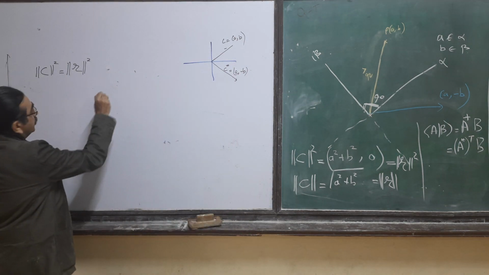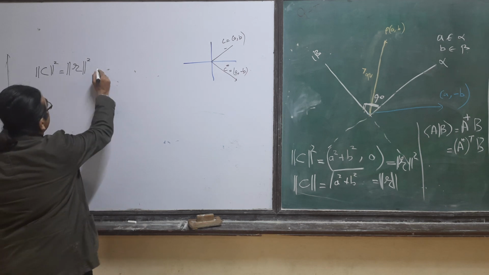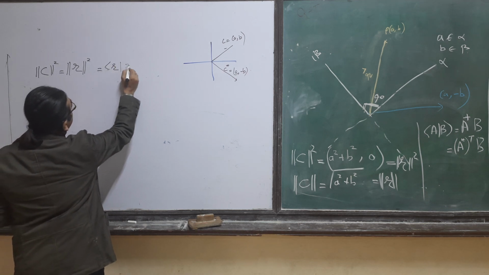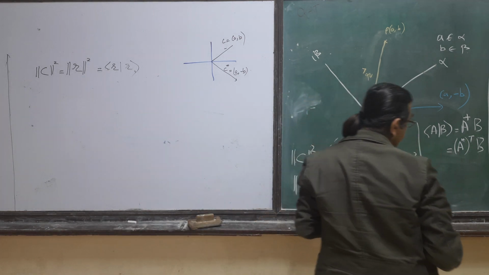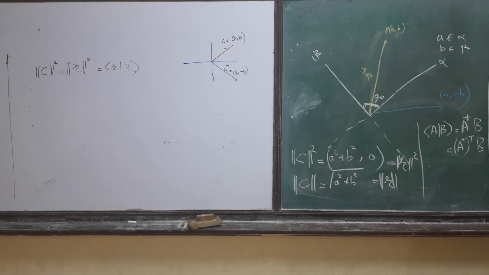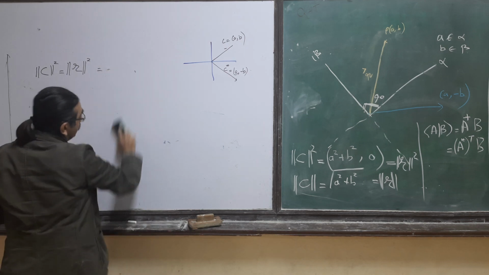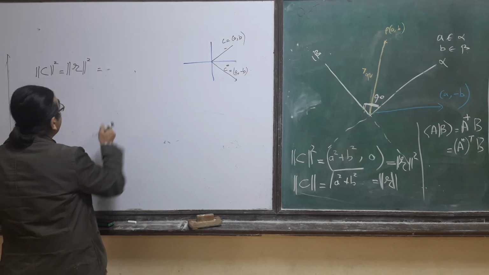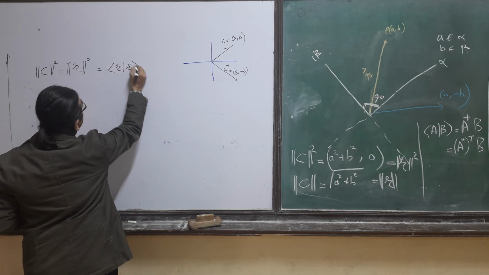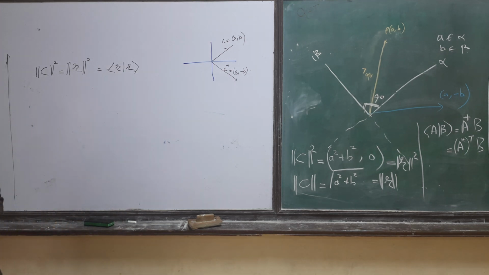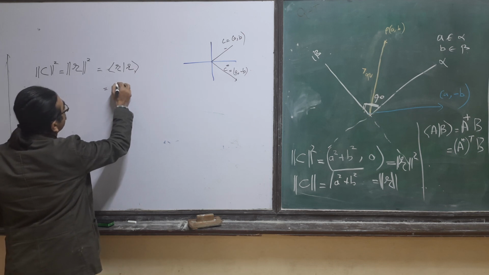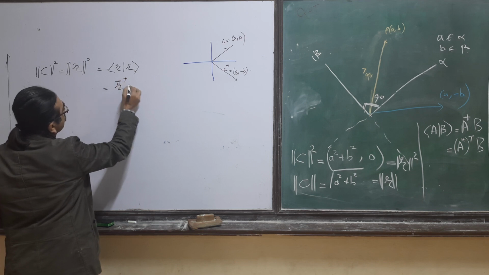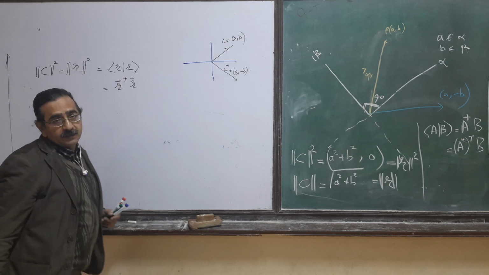In bra-ket notation, this will be equal to this, or we may write it in this form.